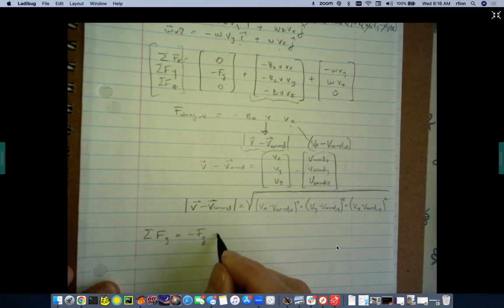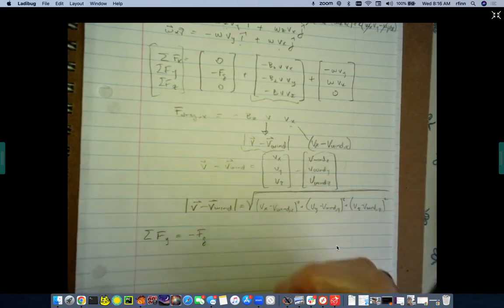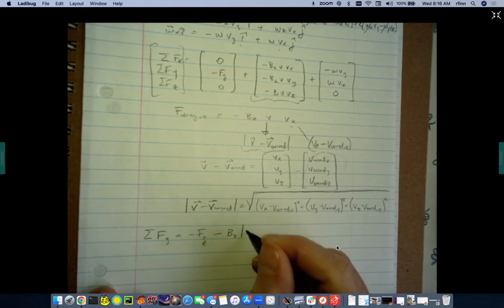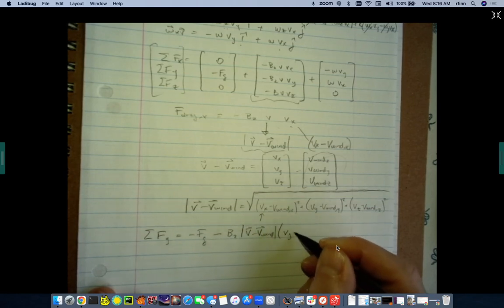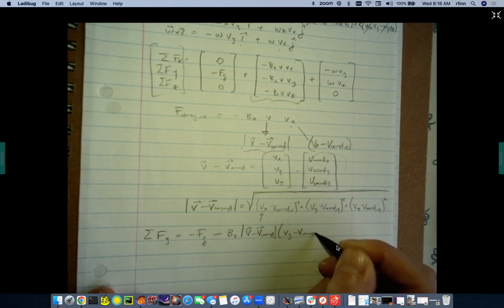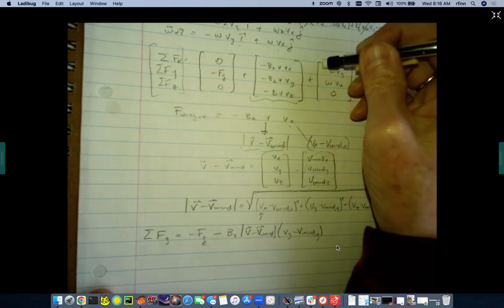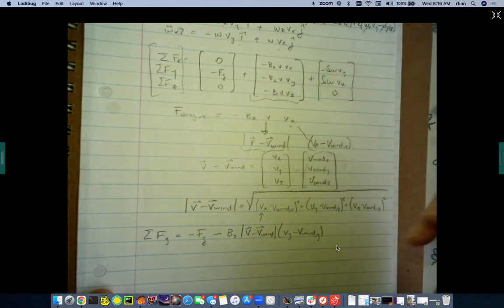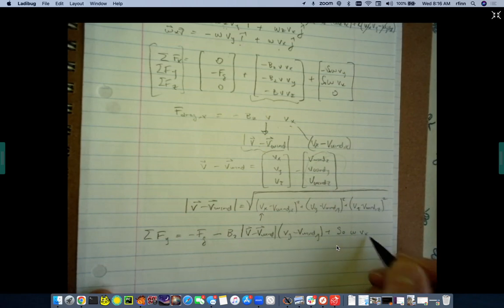We have our air resistance term, so that's going to be negative B2 times the magnitude of V minus V wind, which we calculate like that, times Vy minus V wind y. And then I have to add in, oops, I forgot my S0 term. So in the y we have plus S0 omega Vx.